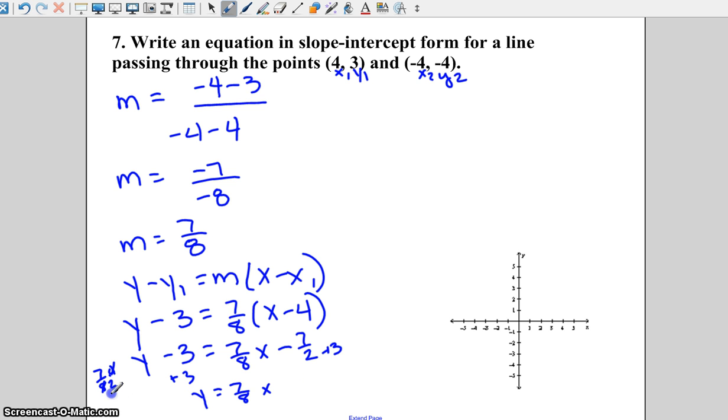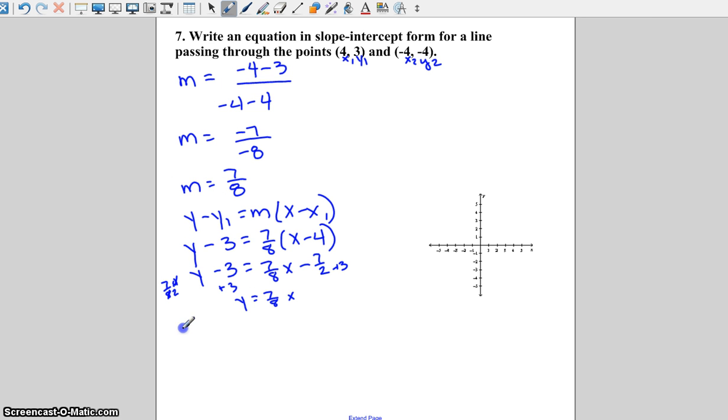And then, again, kind of to the side, negative 7 over 2 plus 3 over 1, multiply it by 2 over 2 would give you 6 over 2. So this is going to be minus 1/2. And that's the equation of your line.